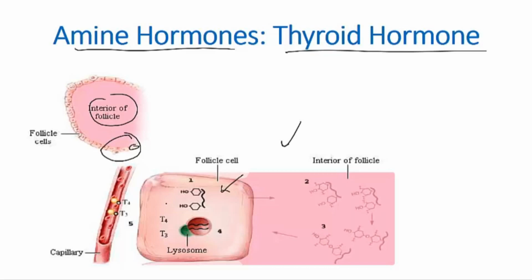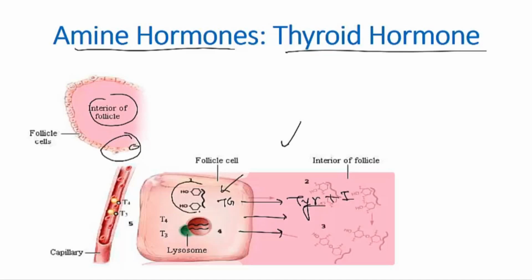Now the follicle synthesizes thyroglobulin and secretes it into the lumen of the follicle. It starts making thyroglobulin and then pushes it into the interior of the follicle, and once they secrete it into the lumen of the follicle along with tyrosine, iodine is added to the tyrosine.